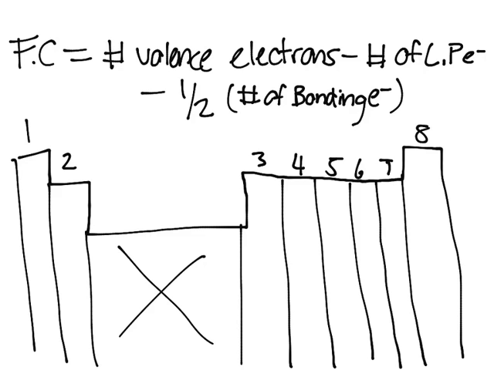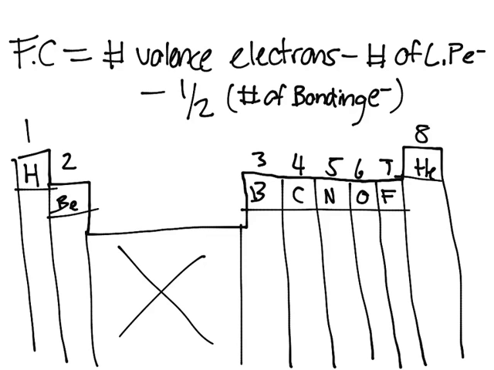That's how you determine the number of valence electrons. So here, for example, bromine, carbon, nitrogen, oxygen, fluorine, and helium up here, hydrogen, and then beryllium. This column right here has 3 valence electrons.